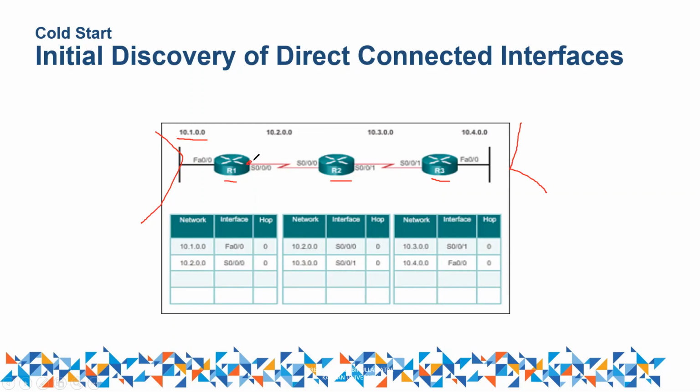And in the middle, this interface and this interface use the network 10.2.0.0. And here, these 2 interfaces are using this network, okay? So we are going to understand the operations of these 3 routers from the very beginning. For example, let's assume that someone powers on R1. What will happen after powering on R1? Okay.